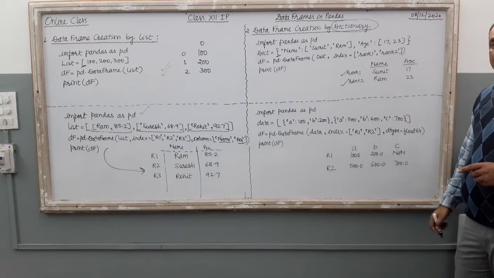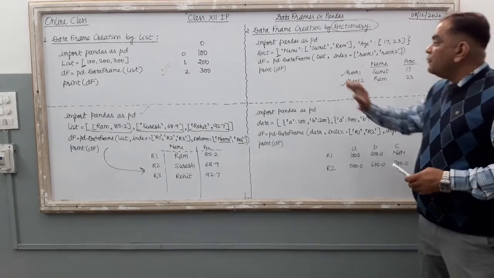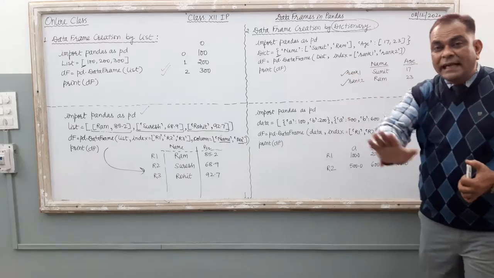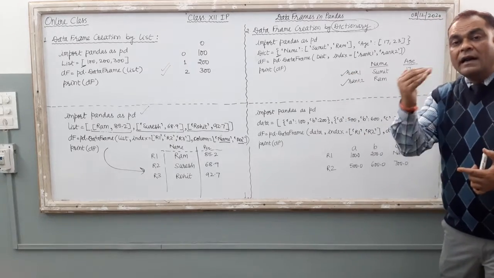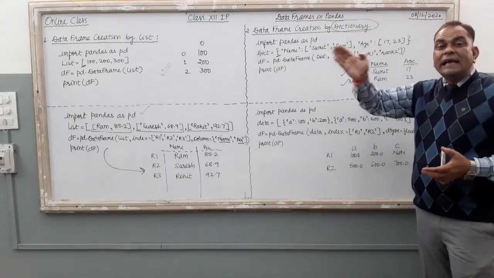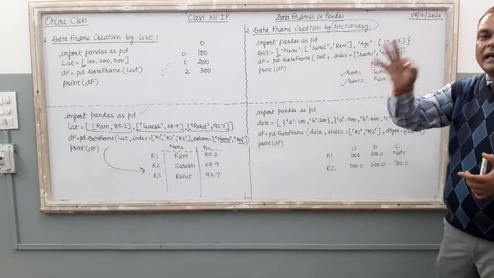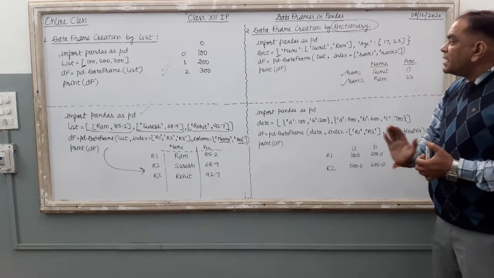Just see, right now, one thing here: if you are going to create either a series from a dictionary or a data frame from a dictionary, your computer follows the sequence order, ascending sequence, meaning A to Z, the ascending order, to generate the data frame.